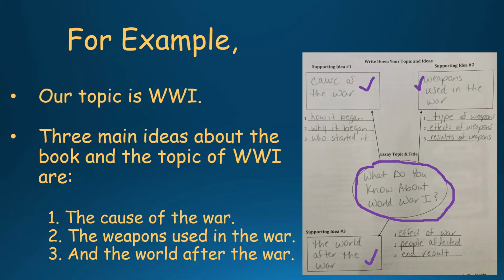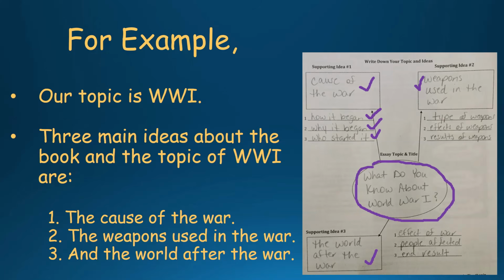Now remember I said that under each main topic you're going to have 3 points that you're going to make. So going back to our main idea for number 1, the cause of war, we're going to talk about how the war began, why it began, and then who started the war.